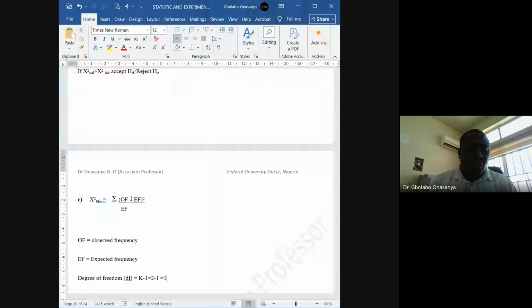OF is observed frequency, EF is expected frequency. And we have degree of freedom, DF, K minus 1. And we are doing between black and white. That's the frequency, black and white.